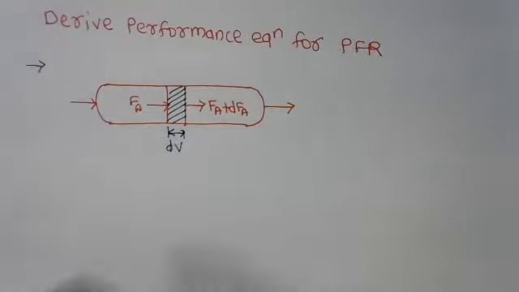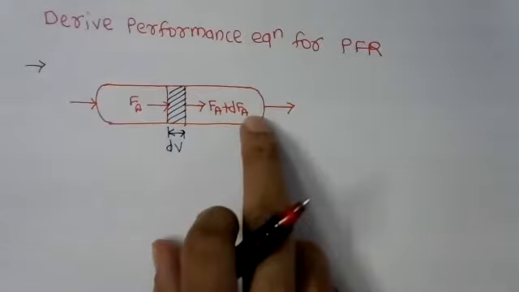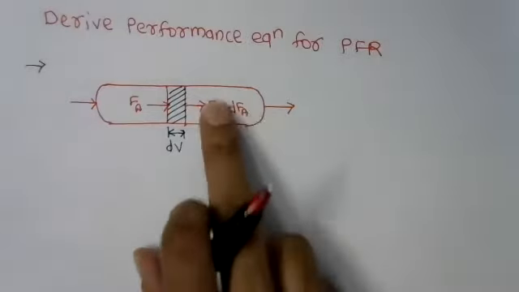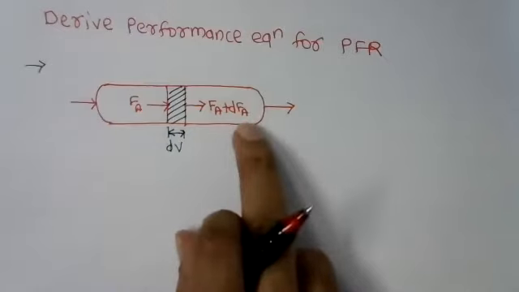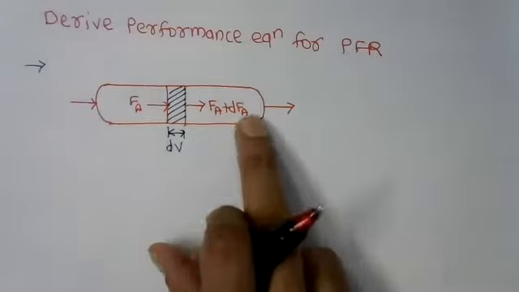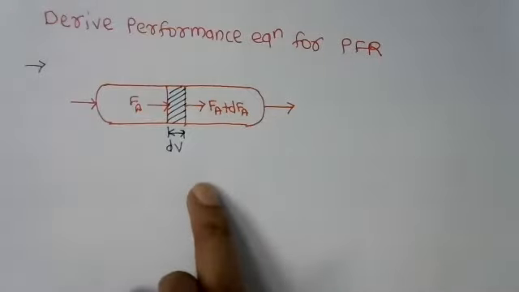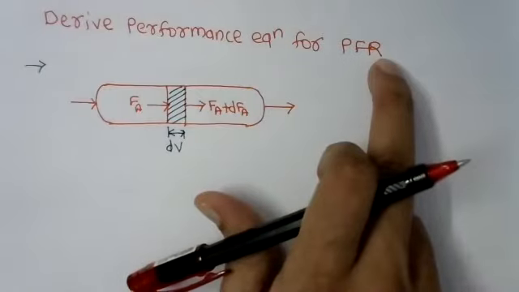Now, why have I written this as a plus dFA? I am not aware what kind of reaction is happening inside the reactor, because I am going to derive the generalized performance equation for PFR.